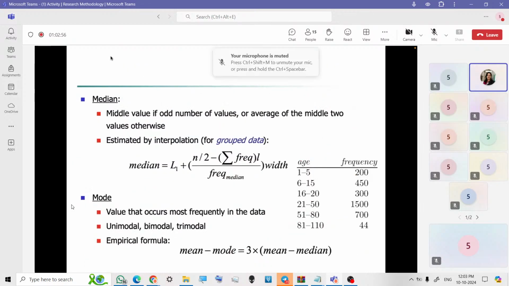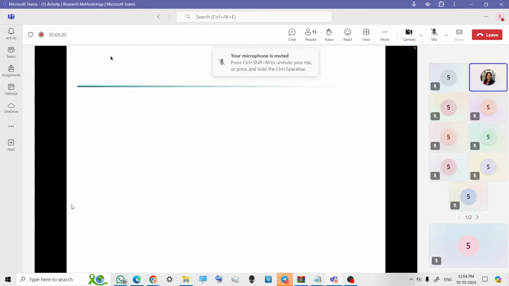So for that purpose, there are other statistical measures as well, which are median and mode. Median is basically giving you the middle value. And if I have a range value, the interpolation can be calculated. The mode value is basically the element which occurs more frequently in the data. You can calculate a mode accordingly, right?